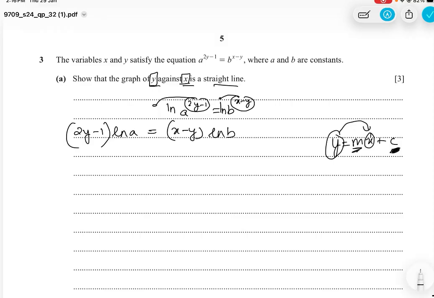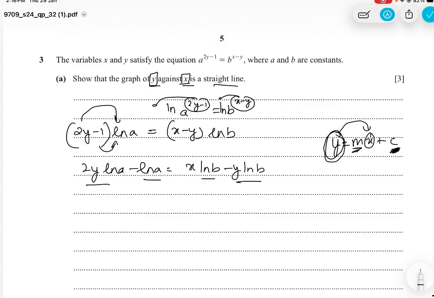So multiply this bracket, multiply this. It would be 2y ln a minus ln a equals x ln b minus y ln b. Yes or no? Okay. Now what can we do now? We can take y terms to one side and the rest to another side, because we need y as the subject. Think with me like a mathematician.